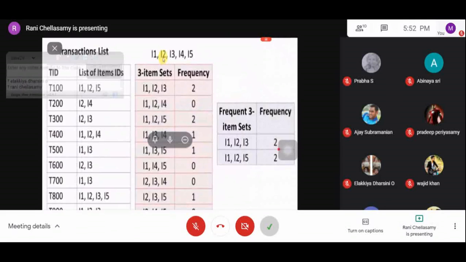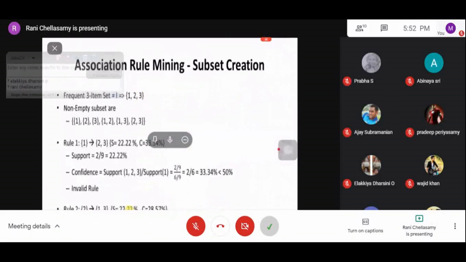So 2 divided by the total number of transactions, 9, gives 22.22. That is the percentage of support. For every rule, the support is going to be the same for this 1, 2, 3 item set.